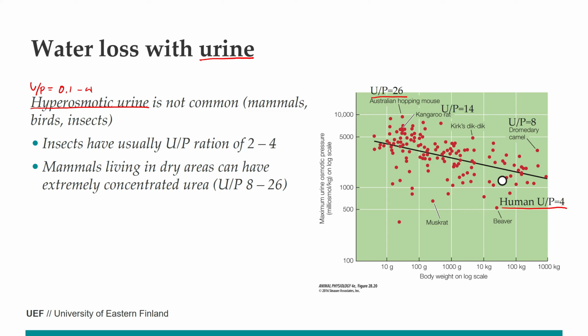And let's look a little bit at that. Okay, if it's 1,000 milliosmoles, that means it's 1 to 10 osmoles. And what we were discussing earlier, it's not directly related, but we can calculate the osmotic pressure by just getting the sum of different ions, for example.